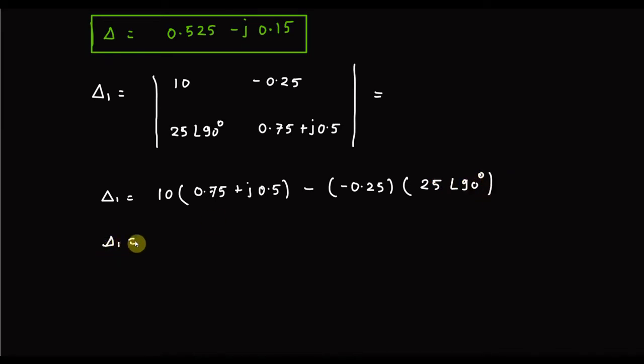Now if you solve, this is 7.5 plus j5, and this will become plus 0.25 into 25, 6.25, and the angle is 90, so this will become plus j6.25. If you solve in a calculator, you will get this answer. So your delta 1 comes out to be 7.5 plus j11.25.